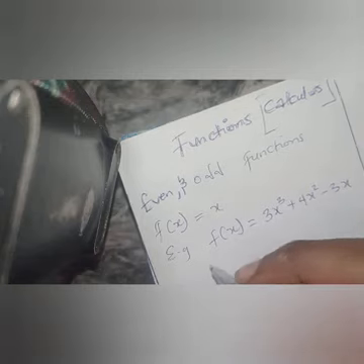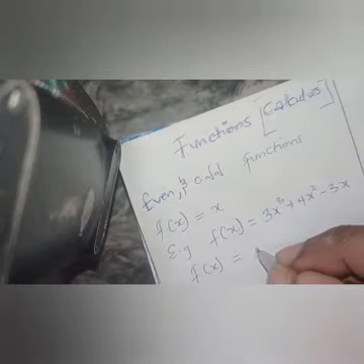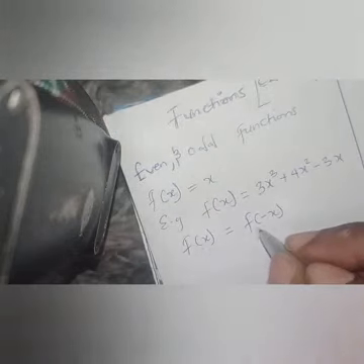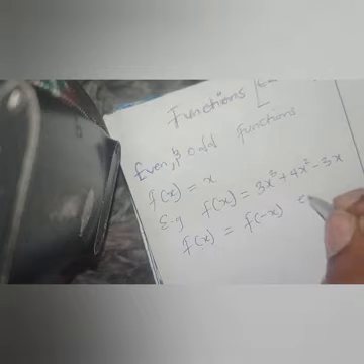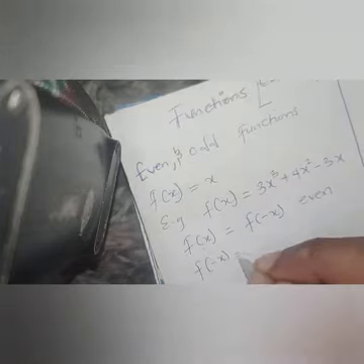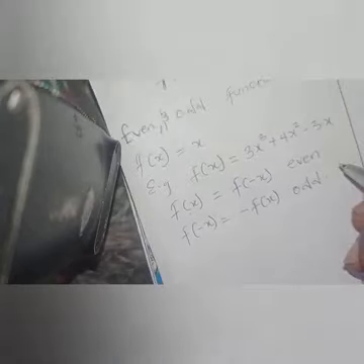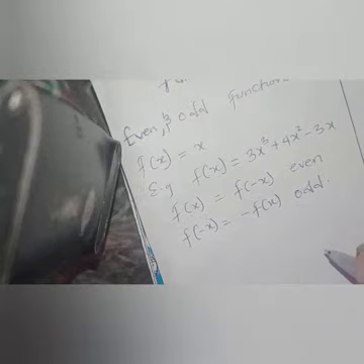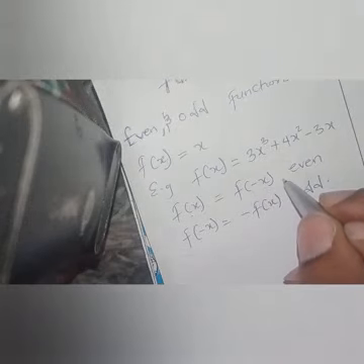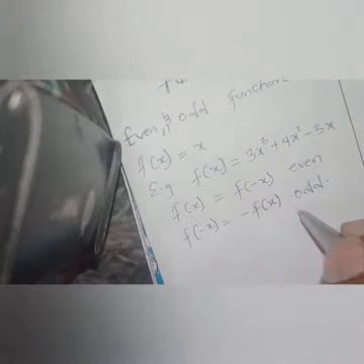For an even function, f of x will always be equal to f of minus x. So if f of x is equal to f of minus x, it means that it is even. And if f of minus x is equal to minus f of x, this is odd. So these are the conditions for even and odd functions.